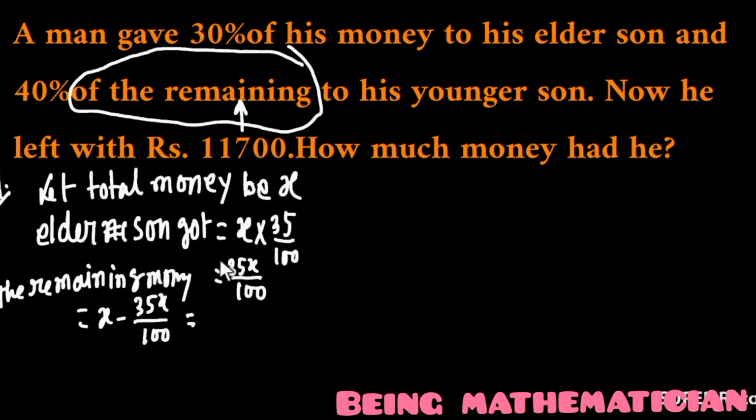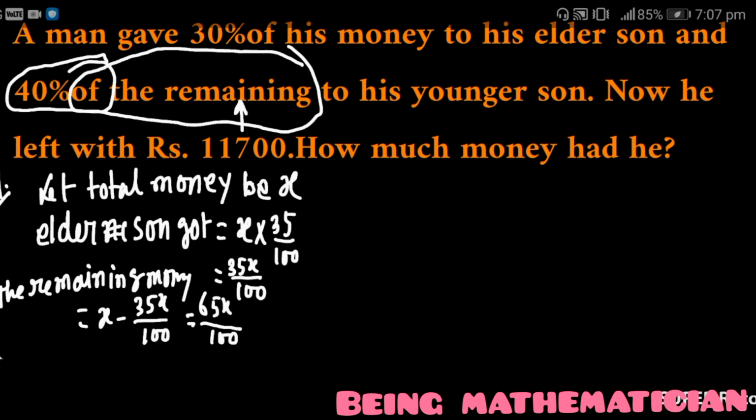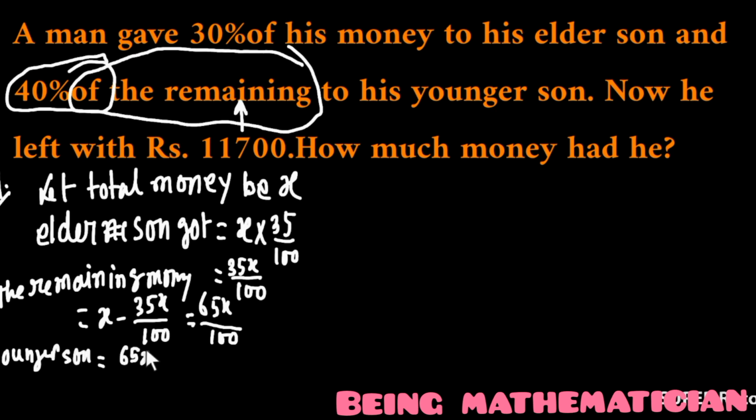Since the elder son got 35X by 100, the remaining money is 65X by 100. And now we calculate 40% of the remainder. 40% of the remainder got the younger son. So the younger son got 65X by 100 into 40 by 100, and that will be 26X by 100.